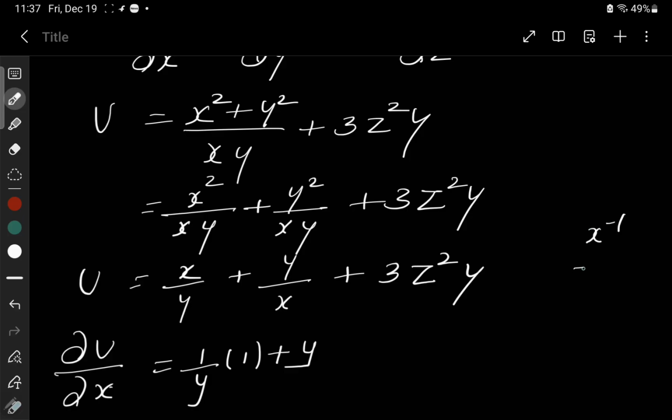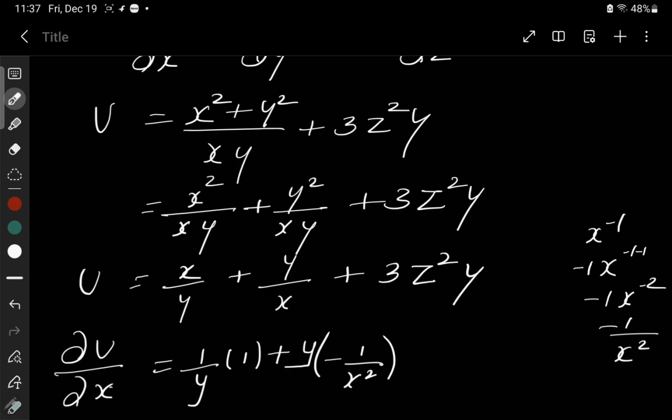So if you differentiate this, minus 1 into x power minus 1 minus 1, so minus 1 x power minus 2. So minus 1 by x squared.